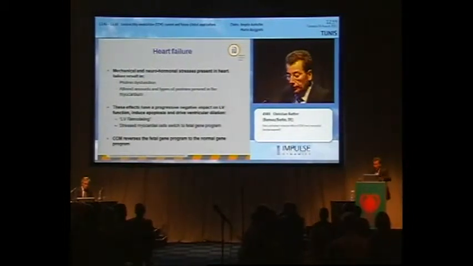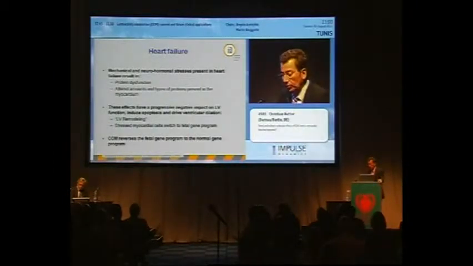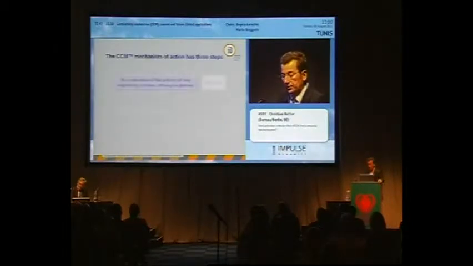Following this LV remodeling, stress myocardial cells switch into the fetal gene program. Stress genes are overexpressed, and we believe right now that CCM reverses the fetal gene program to the normal gene program. And I will try to explain why I believe that it is that way.